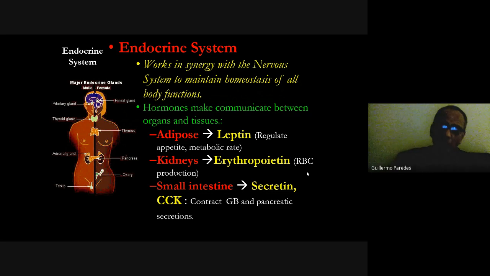Another example is the kidneys and the erythropoietin. The erythropoietin, if you remember, please help me with that. We have the red bone marrow. What happens in the red bone marrow? What is the function of the red bone marrow?